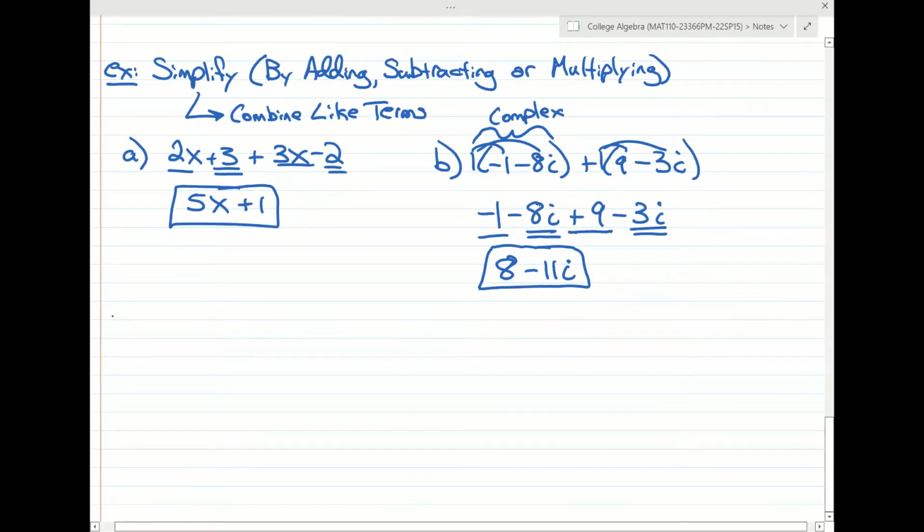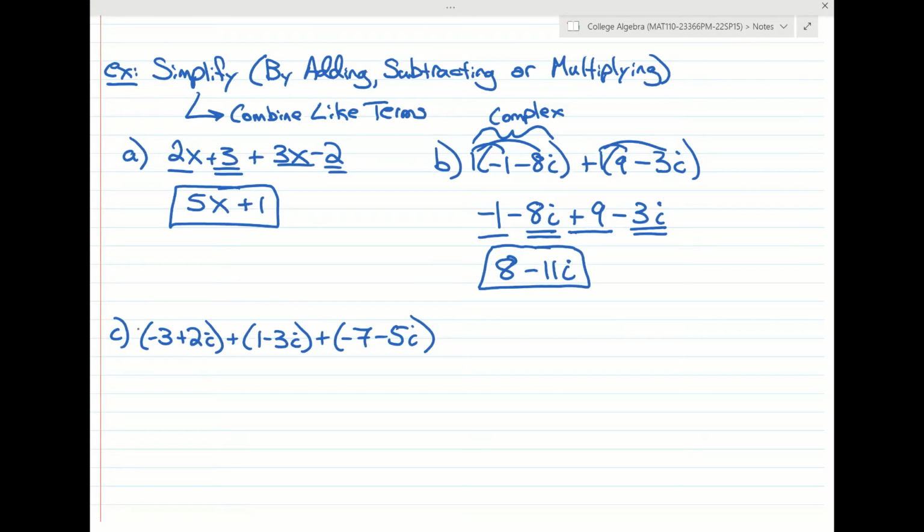Even if I were to make it a little bit longer. If I had negative 3 plus 2i plus 1 minus 3i plus negative 7 minus 5i. Because it's a longer problem doesn't mean it's any harder. If there's parentheses, we distribute the number outside the parentheses. In this case, it's just 1.